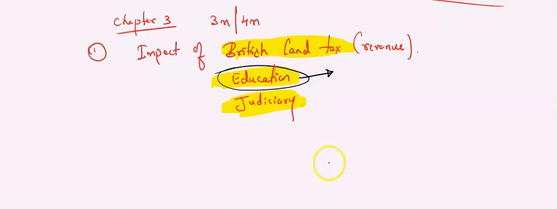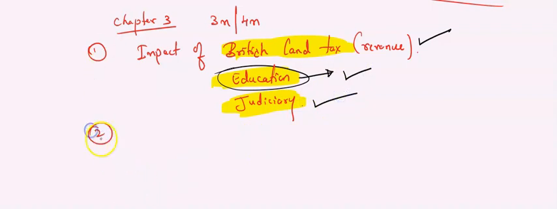The British education system created a new generation of Indians with progressive attitudes. Justify. So this is one topic, and about the judiciary they can ask you. So here you have to concentrate on 3 topics in this chapter: British land tax system, education and judiciary.